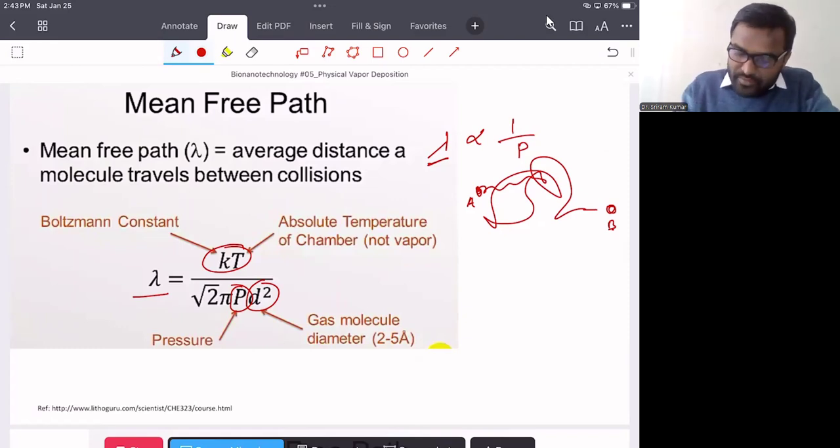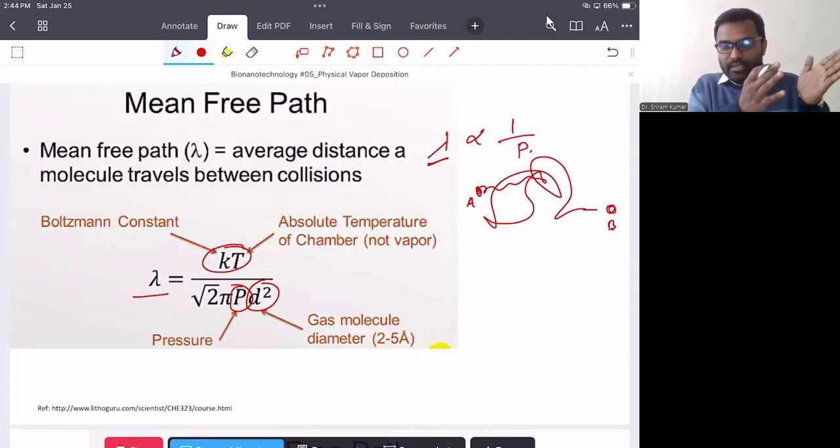If we have very high pressure, there is a very short mean free path, but if we have very low pressure, you have a very long mean free path. So you have the chamber and you are putting the vapor phase of the solid material in it. In that case, there is very low probability of the molecules colliding together, and that improves the deposition of the material on the substrate.